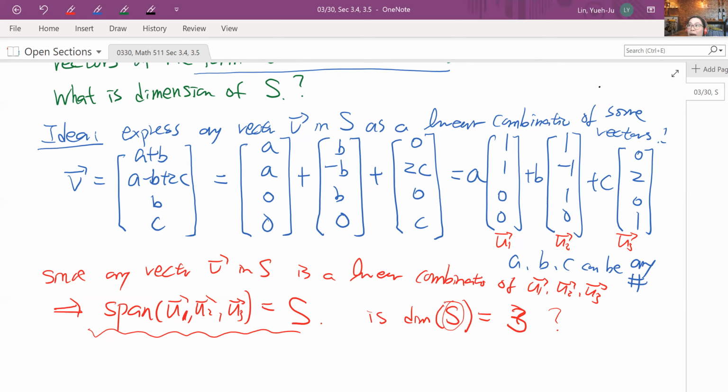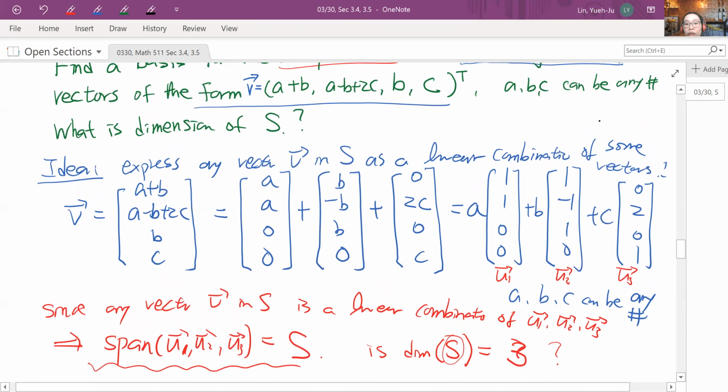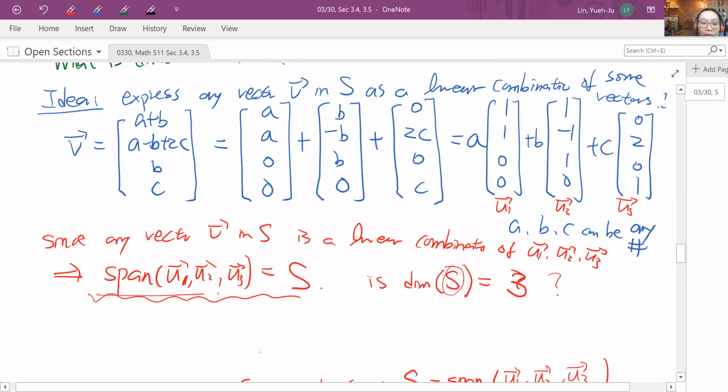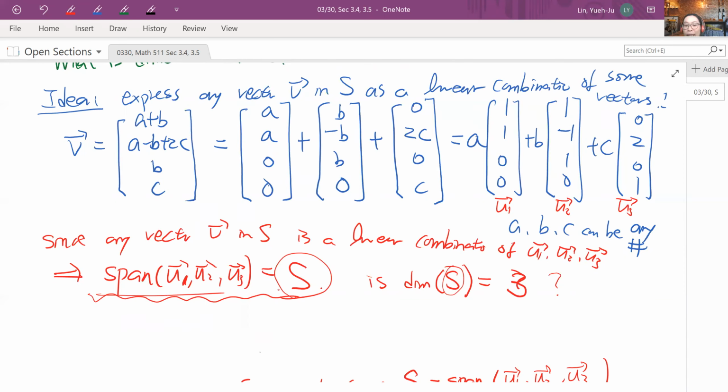Yeah. So my question is, right now we only say that these 3 vectors span the vector space S, and we don't know the dimension of this vector space S yet. So before we can even say that the dimension of S is 3, we need to show that these 3 vectors are independent. If they're not independent, then it means you can use fewer vectors to form the spanning set, right?